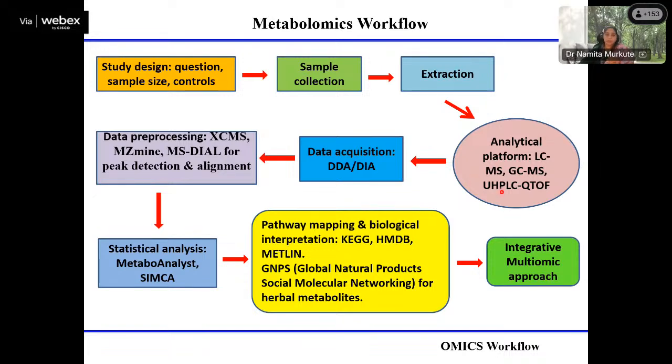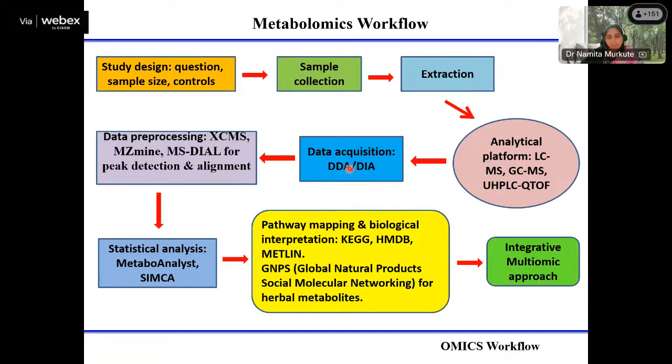Then after extraction and derivatization, you can use different analytical platforms as per your sample and as per your question of study. So LCMS, as I have told, GCMS and QTOF. After that, the data acquisition method which you are using in your mass spec is very important. There are two data acquisition methods: DDA, data dependent analysis, and DIA, data independent analysis.